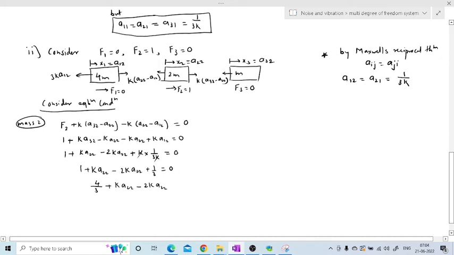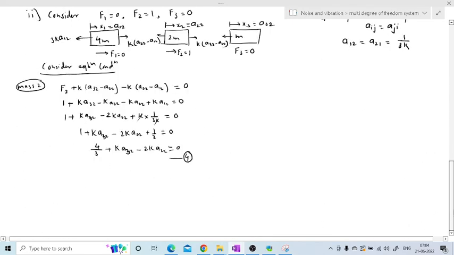Sorry, I have made one mistake here. Instead of A32 I have written A22, so the first term is A32, it will be equal to 0. So mention this equation number 4. Okay, I will check the last equation number. Yes, we have given up to 4, so this will be equation number 5.